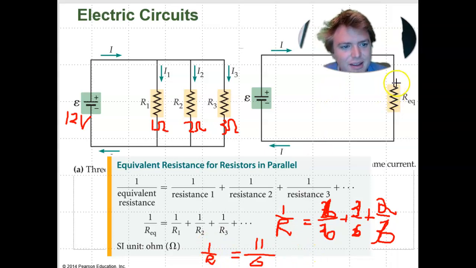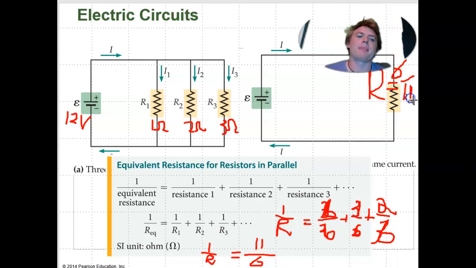That means that R equivalent is equal to 6 over 11 ohms. That should make sense because, like I said, every time you add a resistor in parallel, you know that the effective resistance is going to be less. So I should expect my resistance to be less.